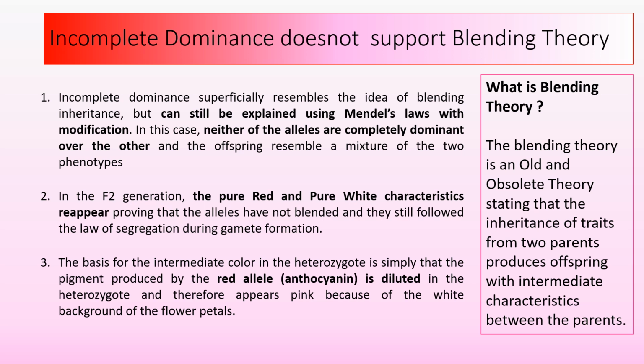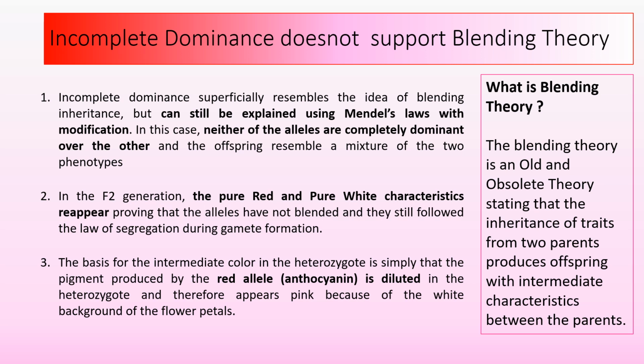But in case of incomplete dominance, it is not so. How do we explain that? Even though incomplete dominance superficially resembles the idea of blending inheritance, it can still be explained using Mendelian crosses, with a small modification.